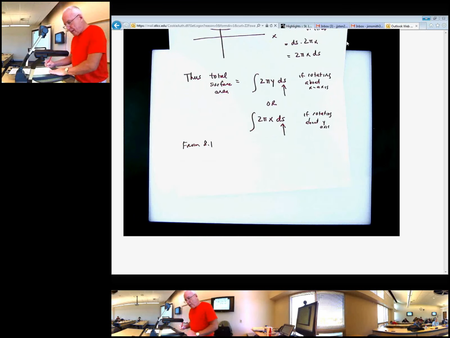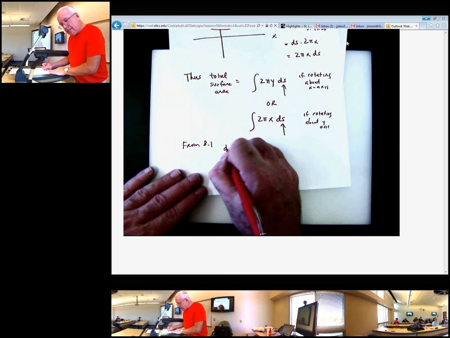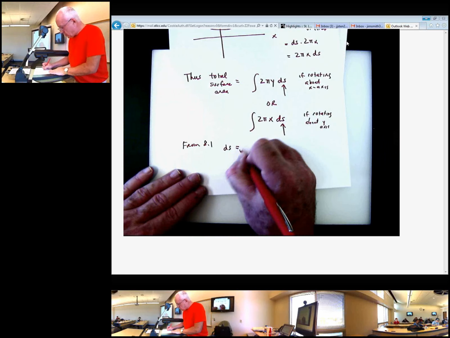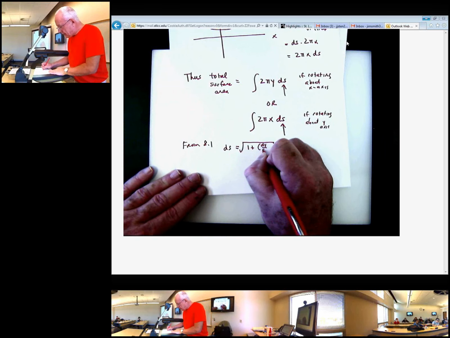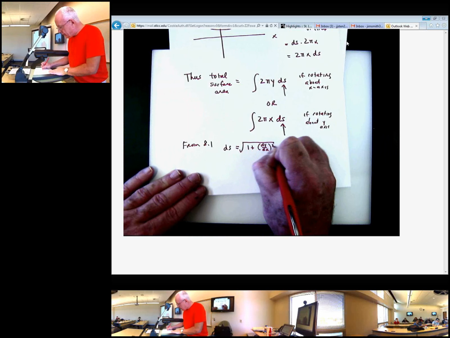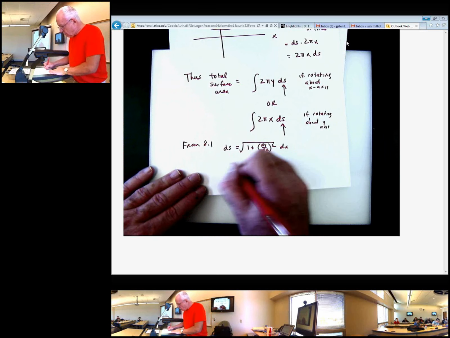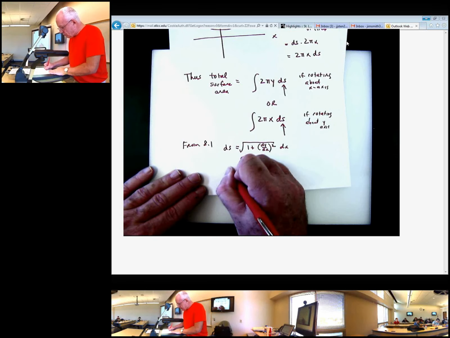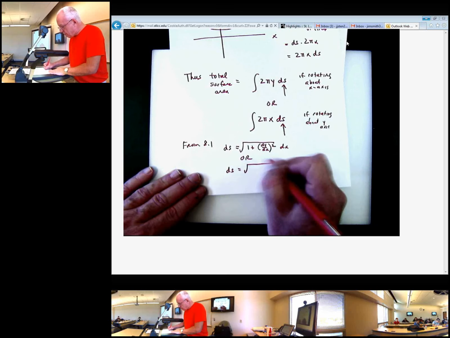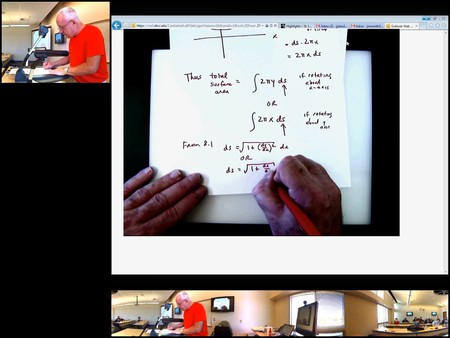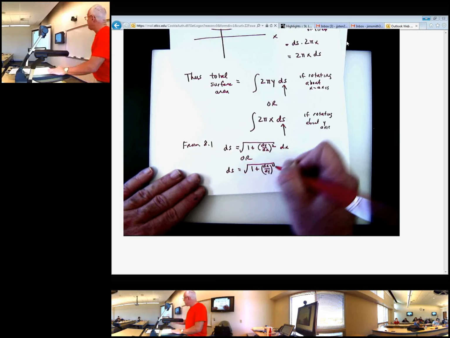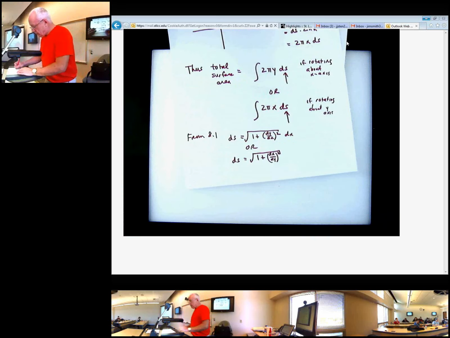We had that ds is equal to the square root of 1 plus (dy/dx) squared, times dx, or ds is equal to the square root of 1 plus, here I'm interchanging the x's and the y's, (dx/dy) squared, times dy.